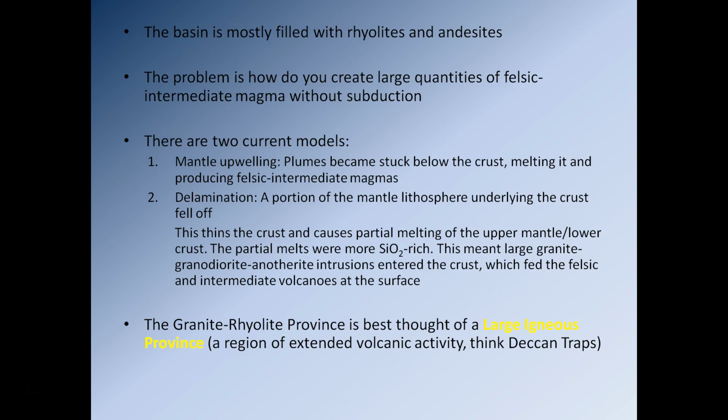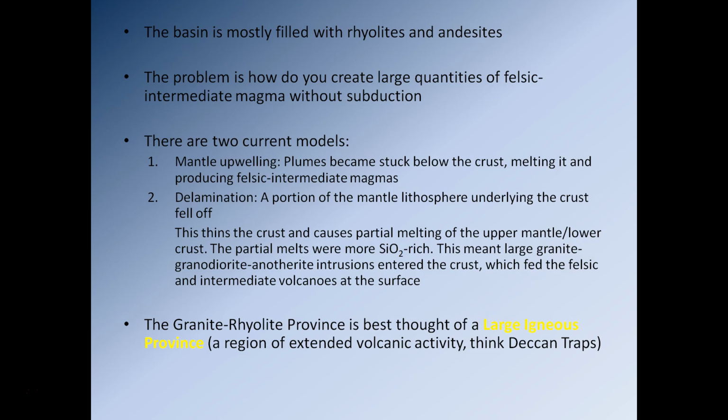So the lower temperature minerals will melt first, minerals that are typically rich in things like potassium, sodium, silicon, aluminium. And that will produce magmas that have an approximately felsic to intermediate composition that can then go and feed volcanoes at the surface. So that's one way that you could produce a relatively large amount of felsic and intermediate volcanics which could begin to fill up this basin.